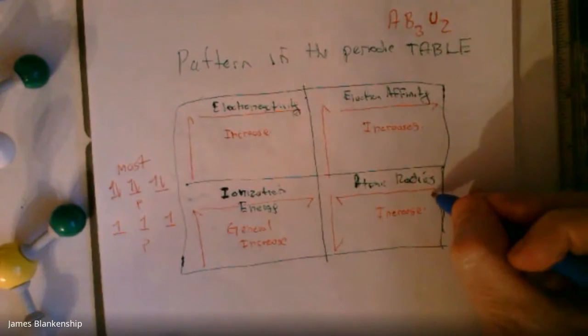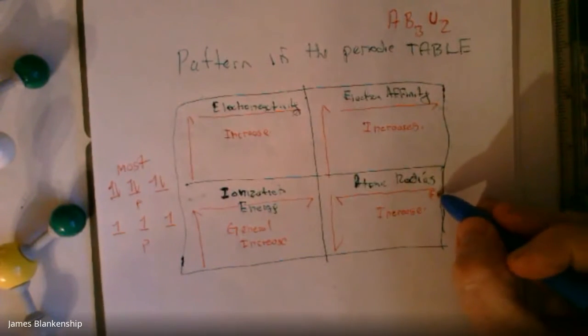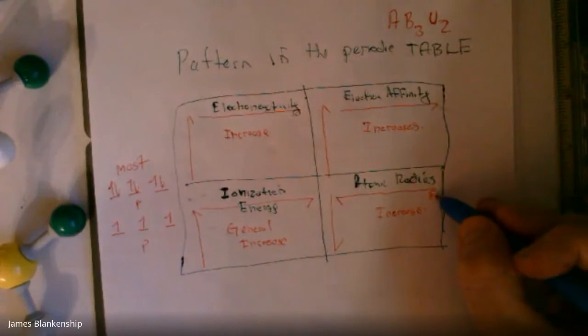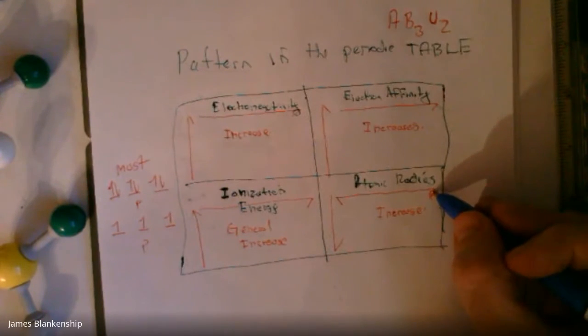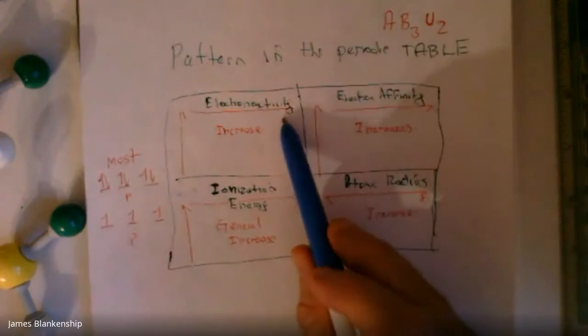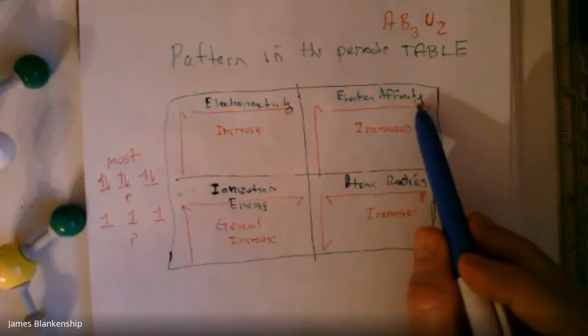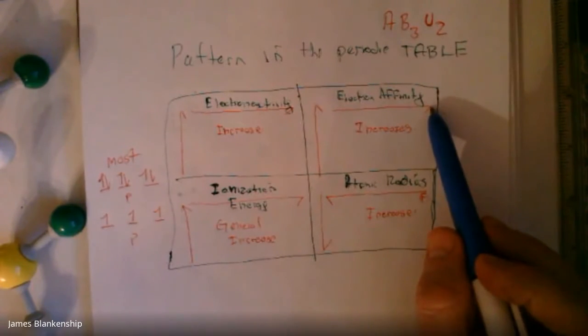And this is why fluorine is very, very small up here, and so the electrons are very close to the nucleus. Let's remember that electrons are negatively charged, and the nucleus has protons in it, so it's positively charged, so they're very, very close together. So they really don't want to let go, which is why the electronegativity is so great and the electron affinity is so great up here.